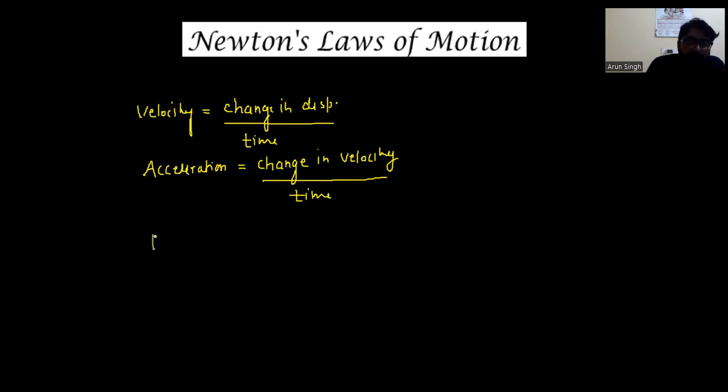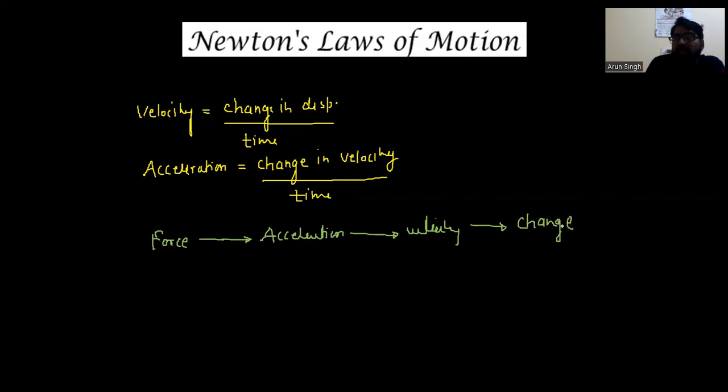We can say, if force is changing, then acceleration will change, then velocity will change, then change in displacement. Sir, velocity is changing, so speed is also changing, and change in displacement, or distance, will change.